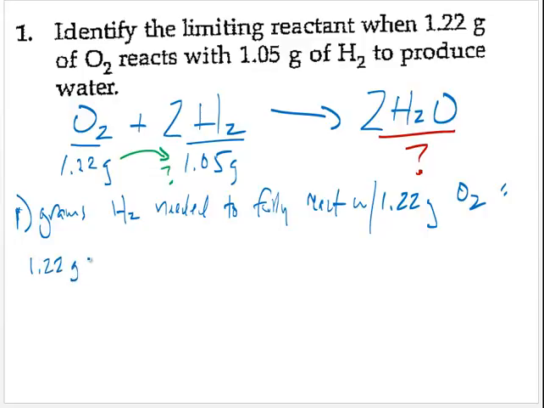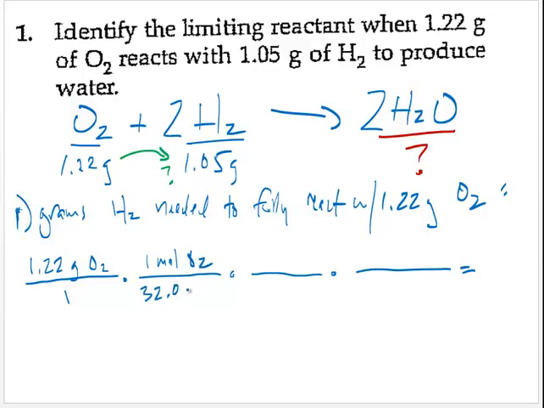So we take 1.22 grams of the oxygen, put that over 1, and then we're going to do a 3-step conversion. Okay, so the first thing we got to do is put the grams of oxygen into moles of oxygen. Okay, so that's 1 mole over 32 grams of oxygen. Okay, so that's our mass to mole conversion.